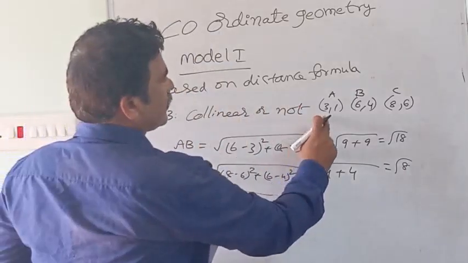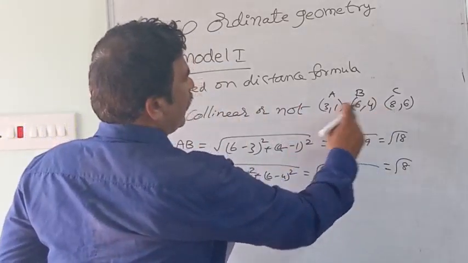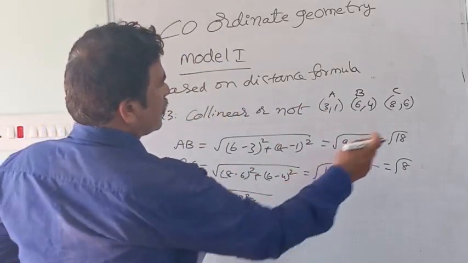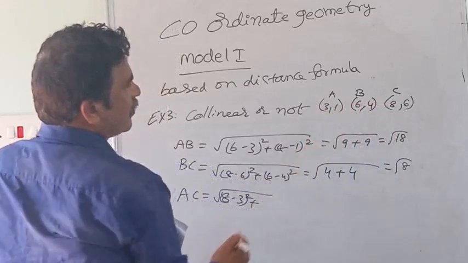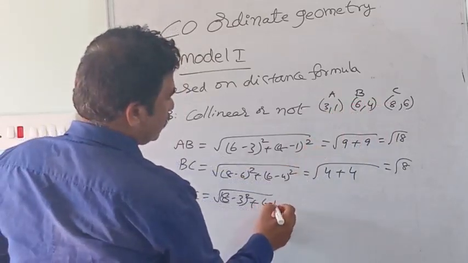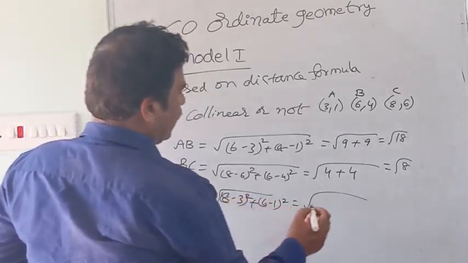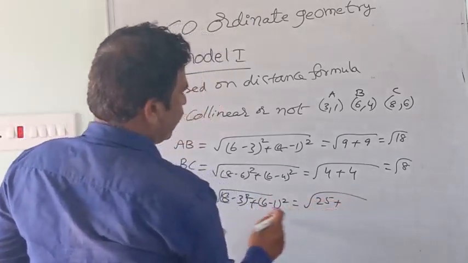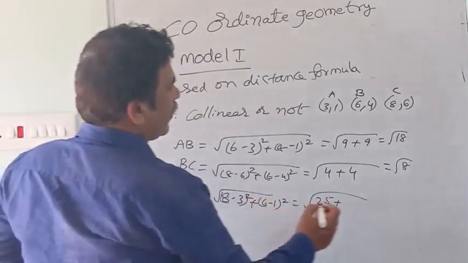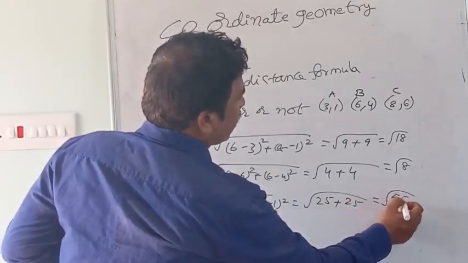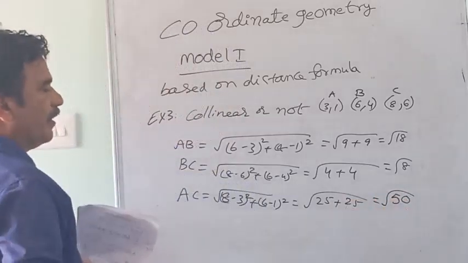This is x1, y1 and this is x2, y2. (8 minus 3) whole square plus (6 minus 1) whole square, which is 5 square is 25, 5 square is 25. 25 plus 25 is 50. Therefore root 50.